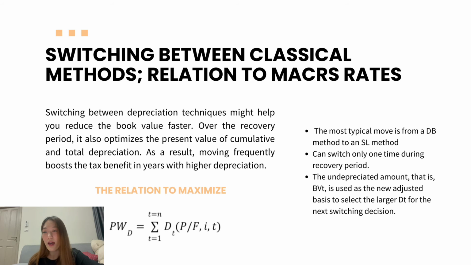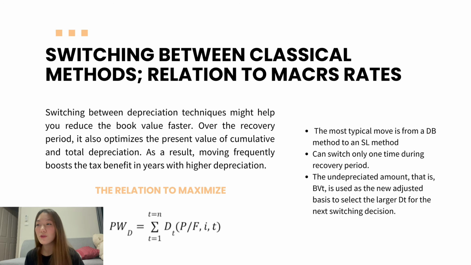The techniques outlined below are a built-in feature of MACRS. The most typical move is from a DB method to the SL method, since it usually provides a significant benefit, especially if the DB method is DDB. The general switching rules are summarized below. DB to SL usually works best, and the relation to maximize is provided in the slide.